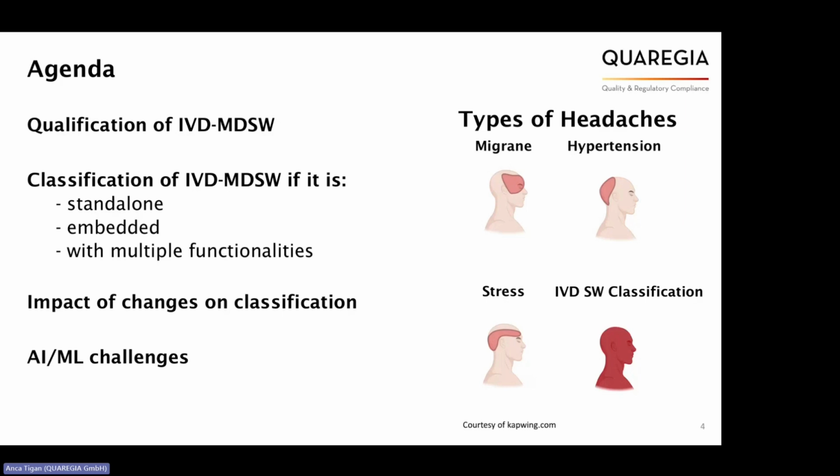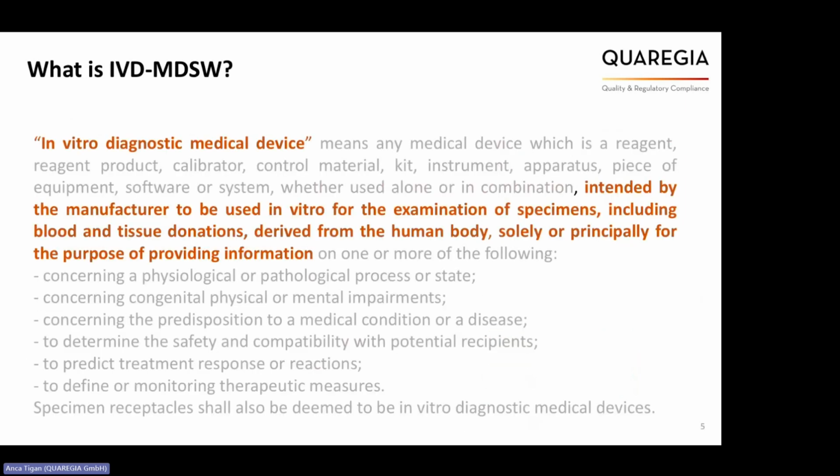But to start with, to understand what IVD-MDSV is, we really have to start from the definition of an in vitro diagnostic medical device. According to the IVDR, this is any medical device that can be a reagent, product, calibrator, instrument, apparatus, software, or system, whether used alone or in combination, that is intended by the manufacturer to be used in vitro for the examination of specimens, including blood and tissue donations.